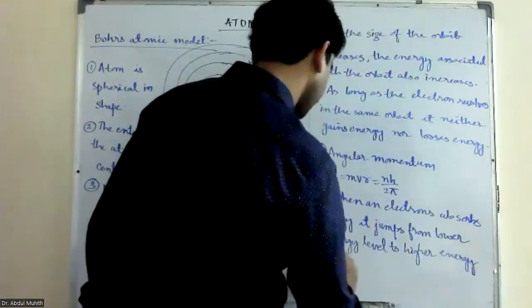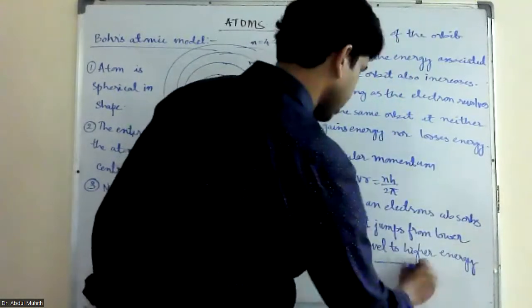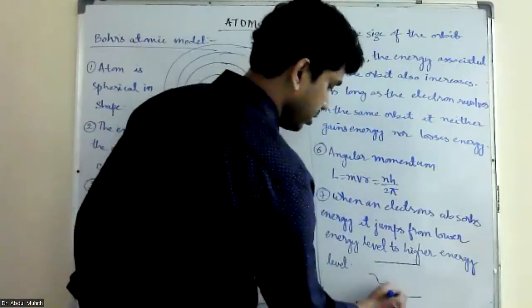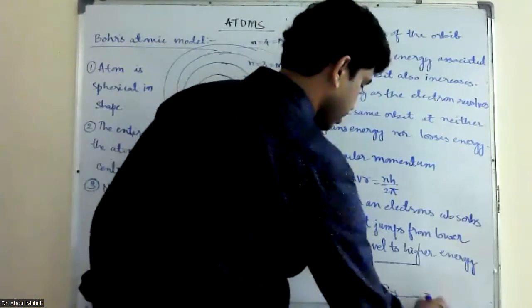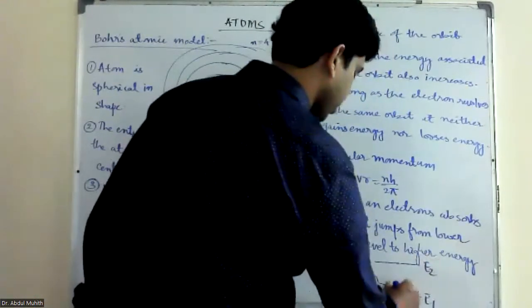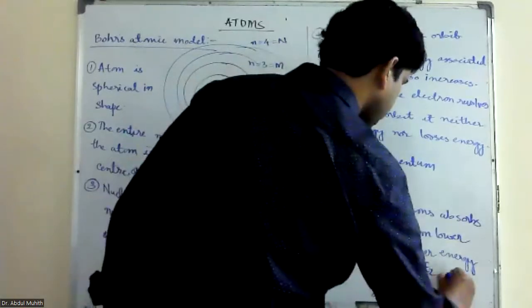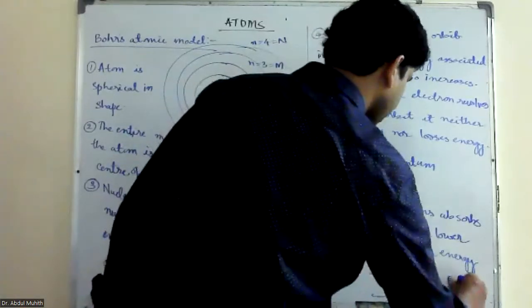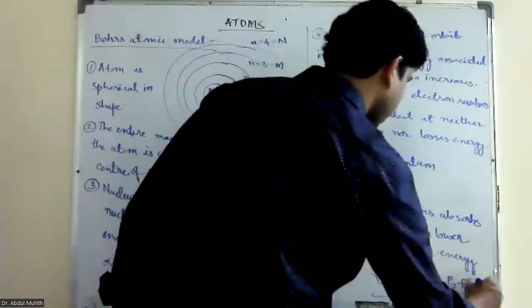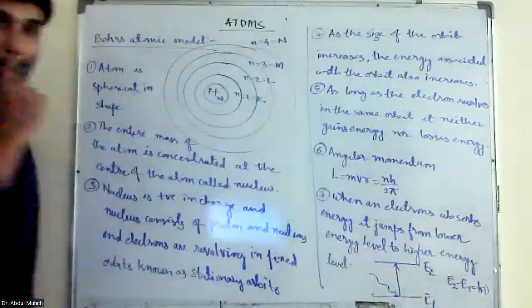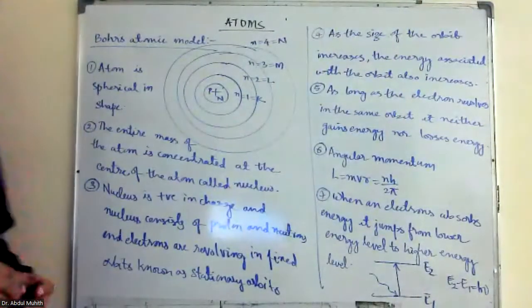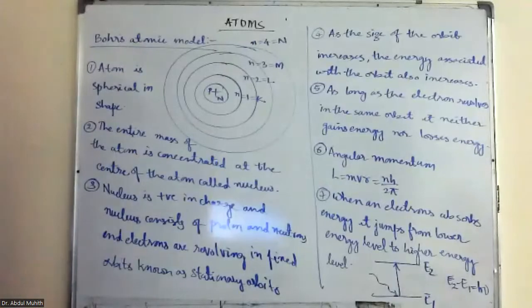Suppose it absorbs energy. So this is E1, this is E2. The electron will jump from lower to higher. So E2 minus E1 is equal to h nu.